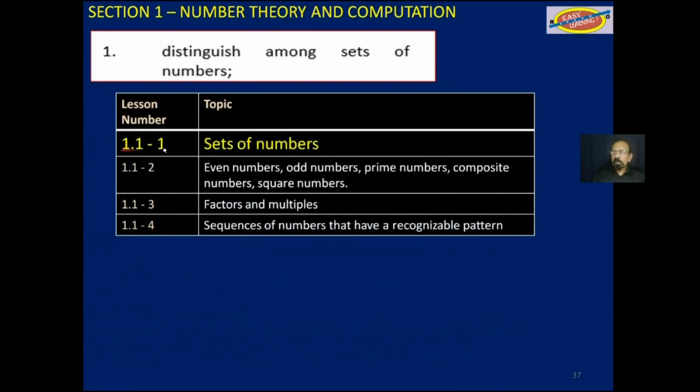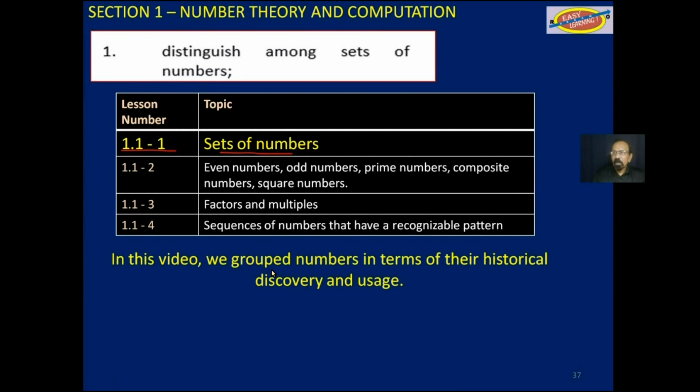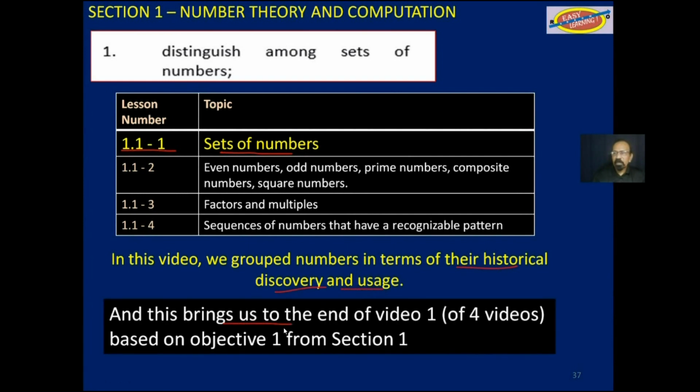So we looked at sets of numbers based on historical discovery and usage. In this video, we group numbers in terms of their historical discovery and usage. And this brings us to the end of video 1 of 4 videos based on objective 1 from section 1.